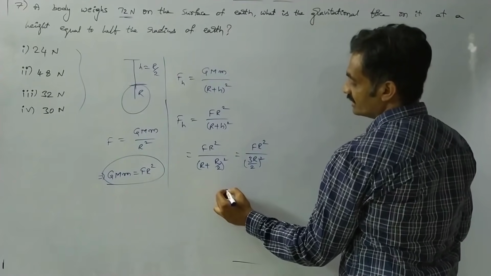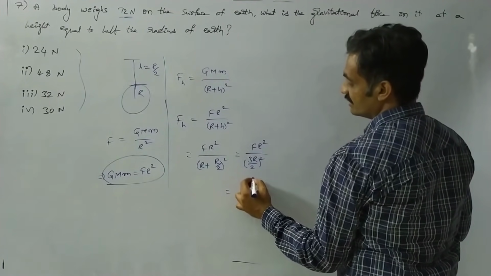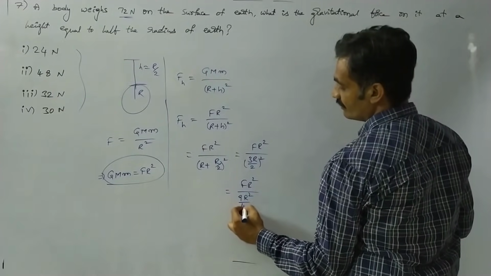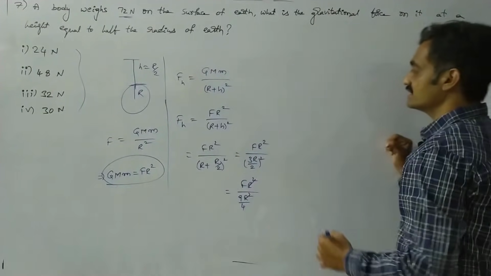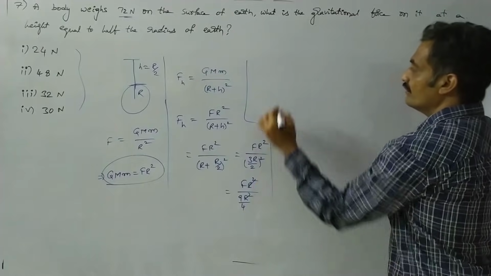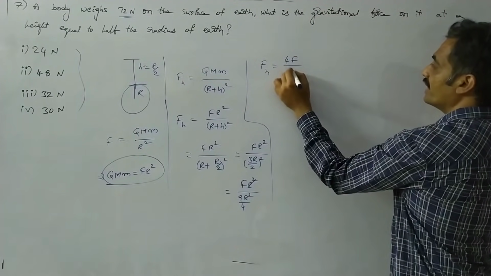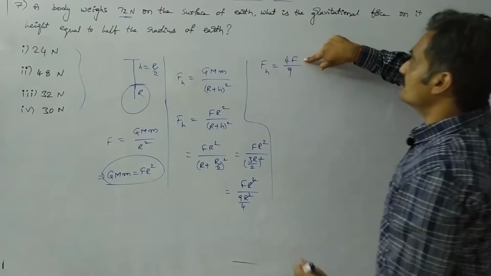So I am going to write this equation as F r square by 9r square by 4. Here r square and r square get cancelled. So we have force at height h is equal to 4F by 9.